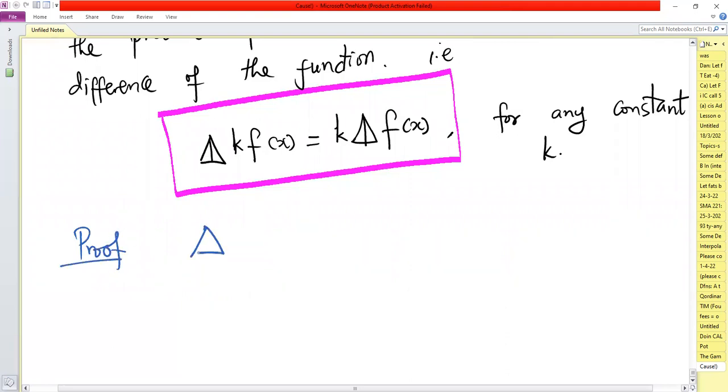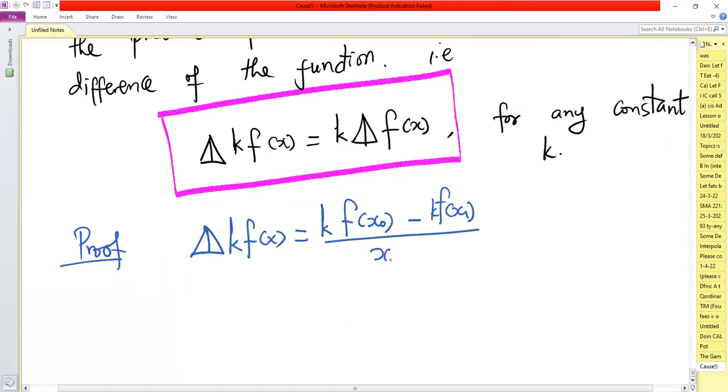If we define the divided difference of k f of x, then by definition, this will be k f of x0 minus k f at x1 divided by x0 minus x1. So we are defining the divided difference at arguments x0 and x1, which can as well be written as k into f of x0 minus f of x1 over x0 minus x1.